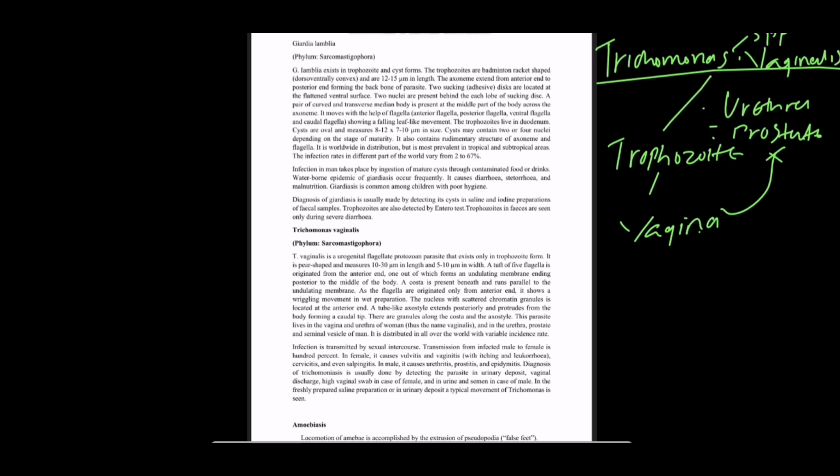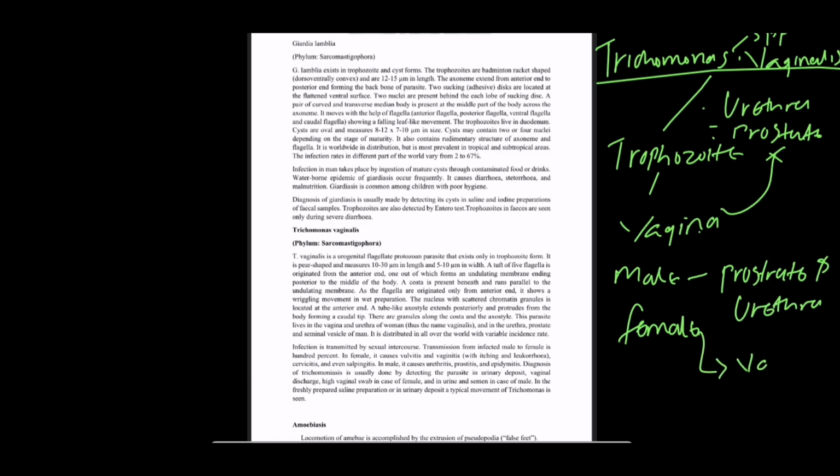The Trichomonas species are found both in male and female. In male, they are found in the prostate gland and the urethra, while in female, it is found in the vagina.